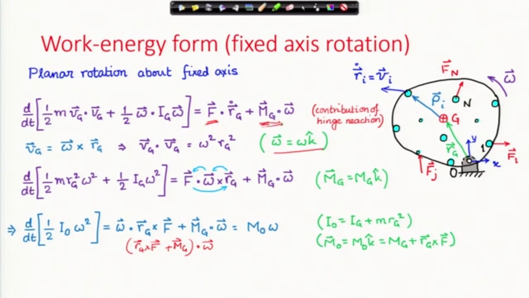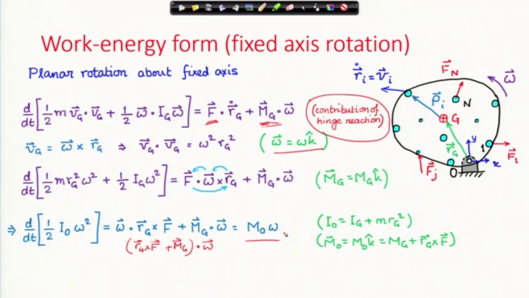Similarly, the moment at the center of mass because of all forces will include the moment because of the hinge reaction forces. But when I finally do this about the hinge, I get M_O, net moment about the hinge, times omega, and here the hinge reaction forces will not contribute.